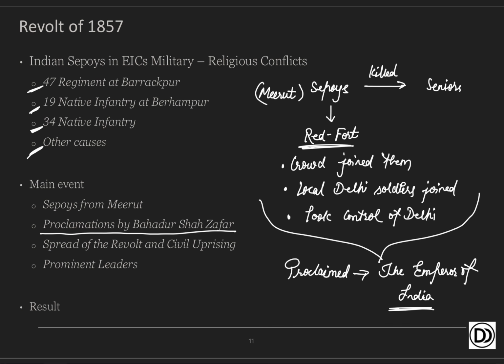Proclamations mean declarations, announcements. The proclamations and letters were to unite all the kings and rulers, and also all the people and soldiers of all the states, and to ask them to fight and replace the British. After this proclamation, the revolt spread quickly to different areas.